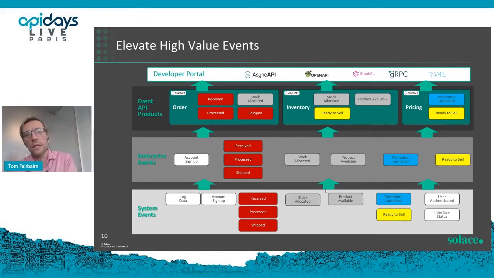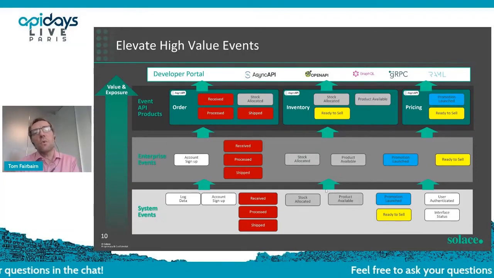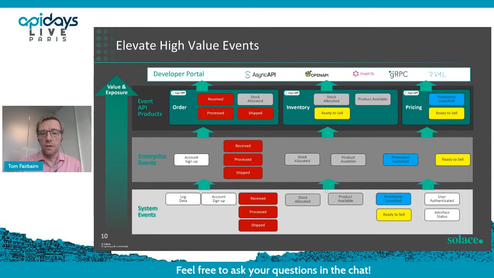In the REST API world, you have things like OpenAPI, and in our event-based world, we have AsyncAPI. So as you progress up through this layering, the value you're providing increases. It becomes less about inter-application communication and more about a valued product that you're exposing to someone, and you can start thinking about the means by which you're going to publish this product to your consumers.